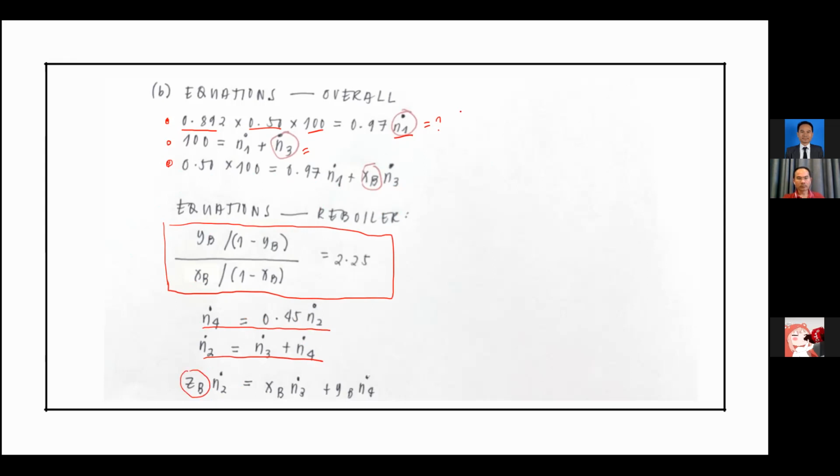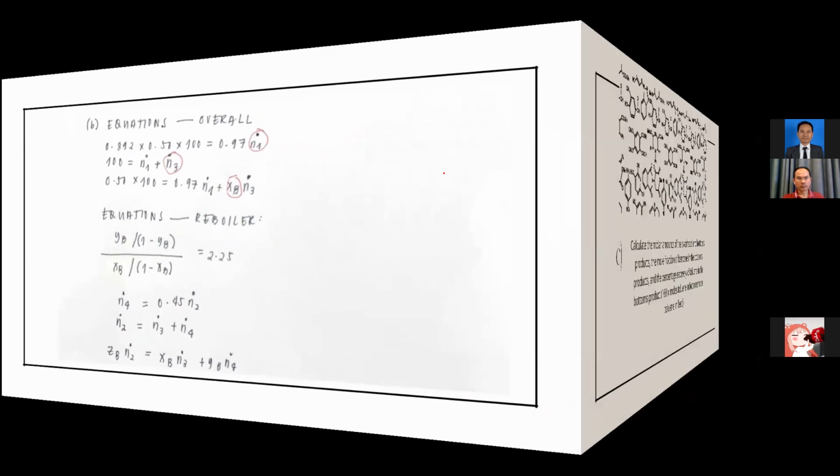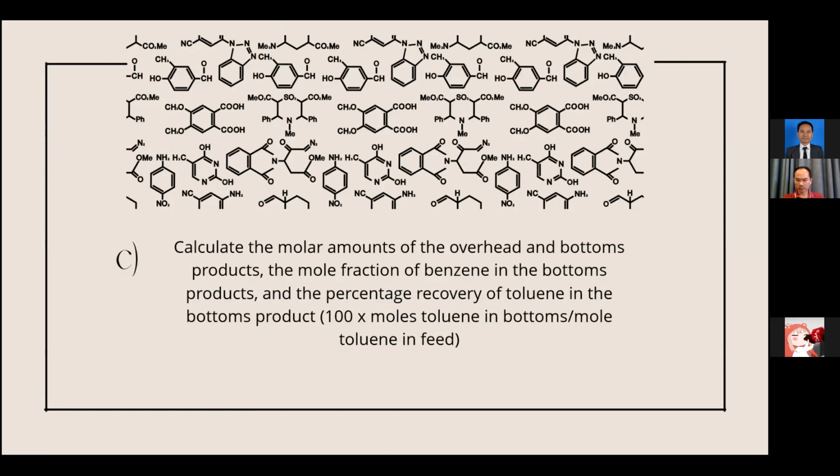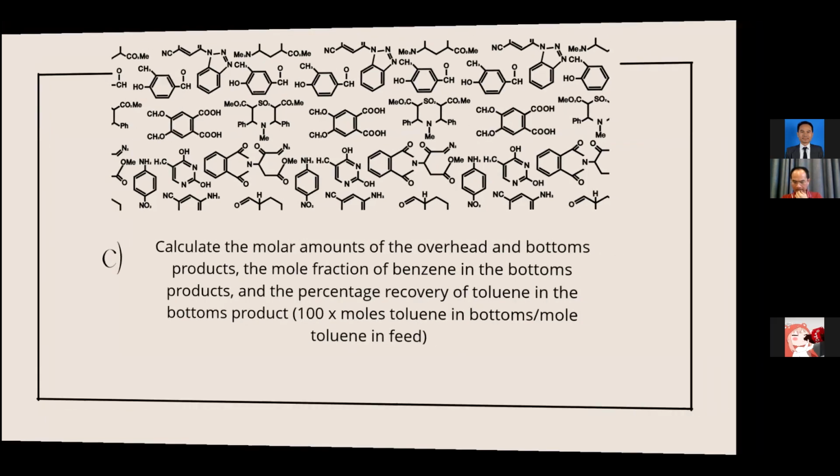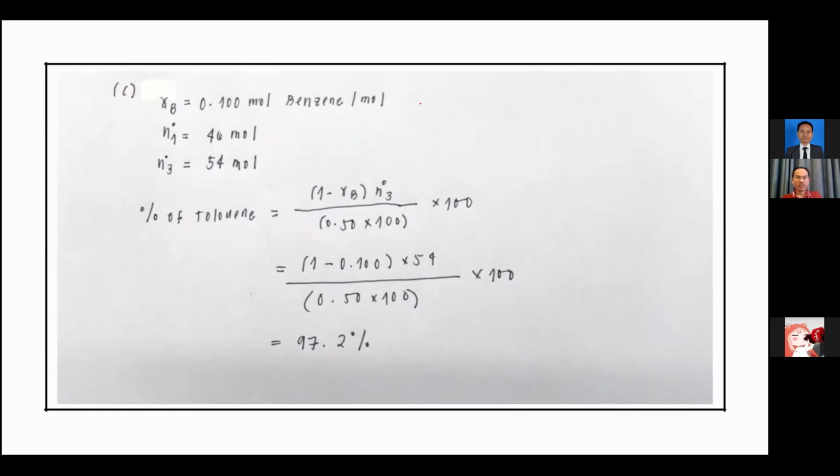But we are going to focus on these 3 main parts: calculate the molar amounts of the overhead and bottoms product, the mole fraction of benzene in the bottoms product, and the percentage recovery of toluene in the bottoms product, which is 100 times moles of toluene in bottoms divided by moles of toluene in feed. I have the answer here, since I'm going to show you how to solve it.